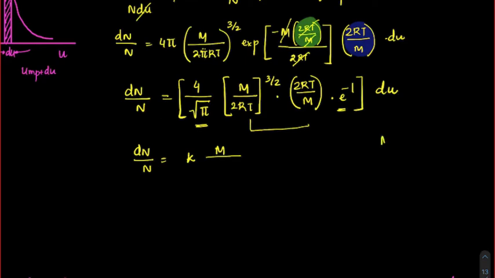So you will do it this way, m by 2rt whole raised to power of 3 by 2, and this you can reciprocate, so I'll get it as minus 1. So that will become 3 minus 2 by 2, which is half, which means I'll get that in root. So m by 2rt whole raised to power of half into du. I hope you understood how we got it. So dn by n is equal to k into m by 2rt to the power half into du.